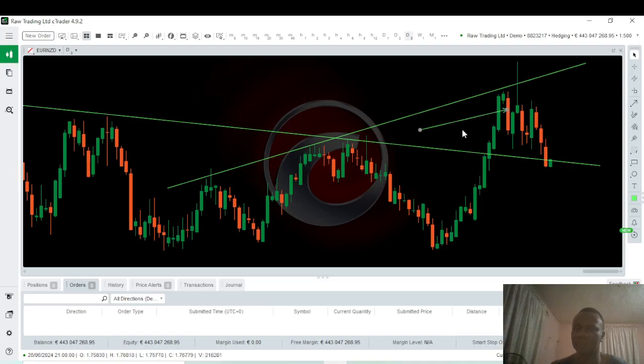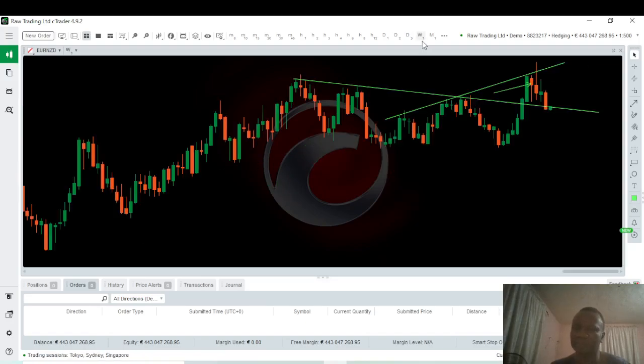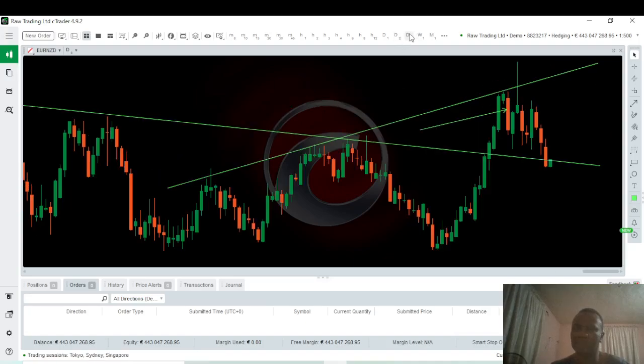I have it there. So because I have this, I think I'm okay. So I have my bearish engulfing candlestick right here. That shows that the bears are ready to move.